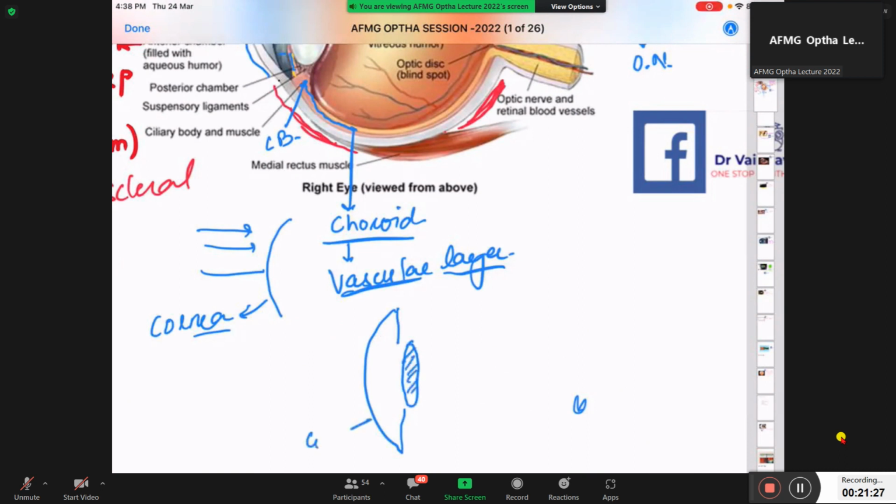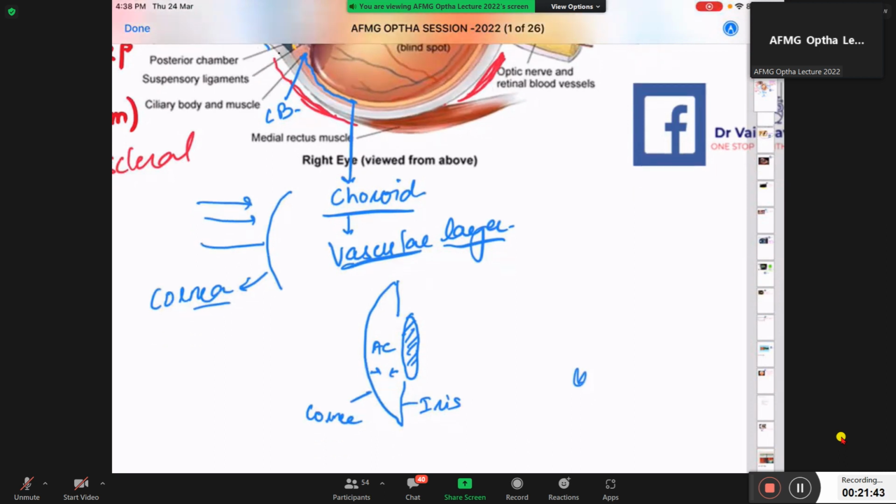This is your cornea and this is your iris. So behind the cornea and in front of the iris, this space is called your AC, the anterior chamber. This anterior chamber is filled with aqueous humor.